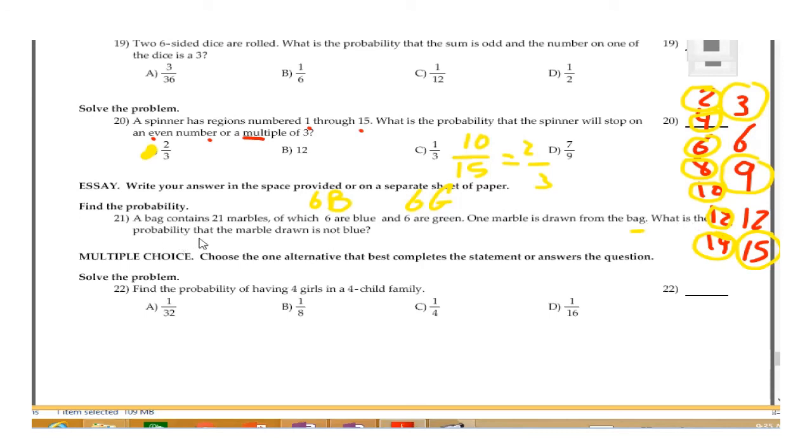What is the probability that the marble is not blue? The probability of not blue is 1 minus the probability of blue. And the probability of blue is 6 out of 21. So 1 minus 6 out of 21 is going to be 15 out of 21, and if you divide it up and down by 3, it is going to be 5 over 7.